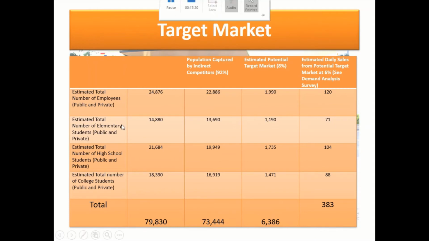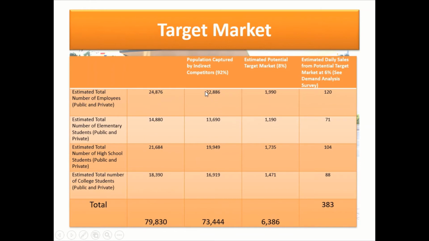So from there, you would look for an estimate. So in this case, it's a food business. We've indicated that our target market are employees, okay, students, very particular elementary students, very particular high school students, and then very specific college students. So nag-derive kami ng population right here.